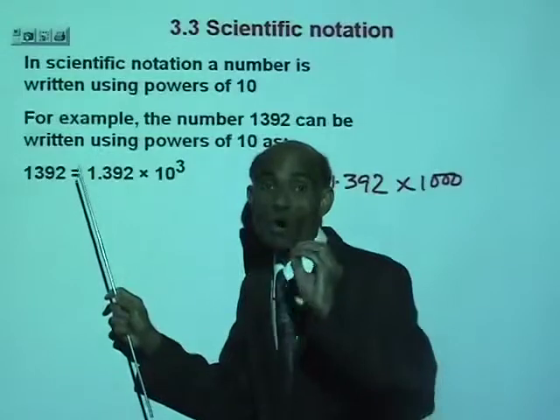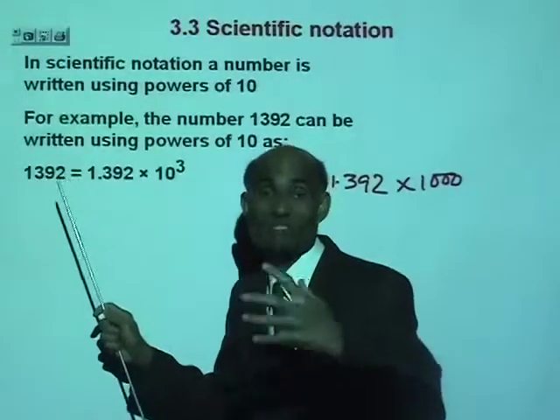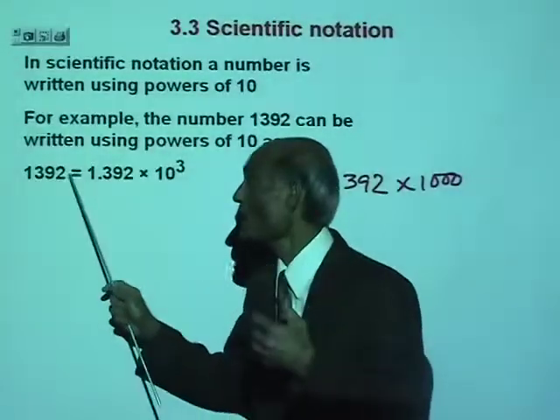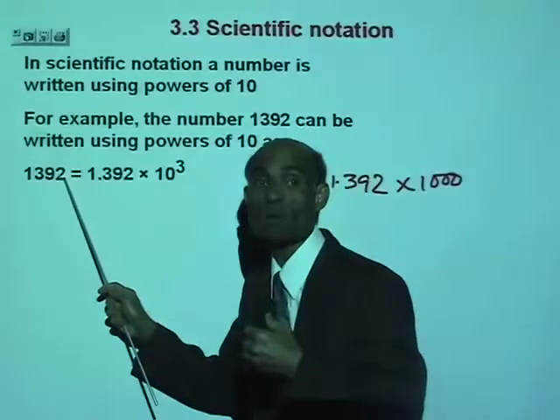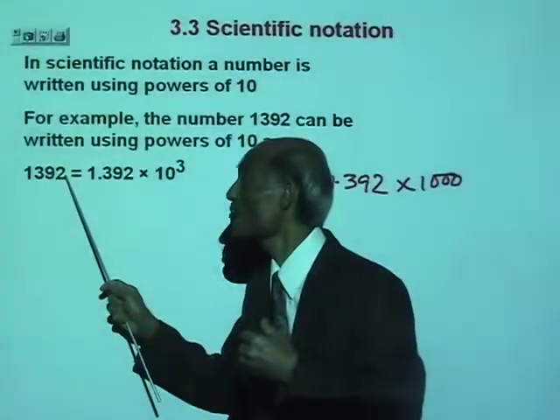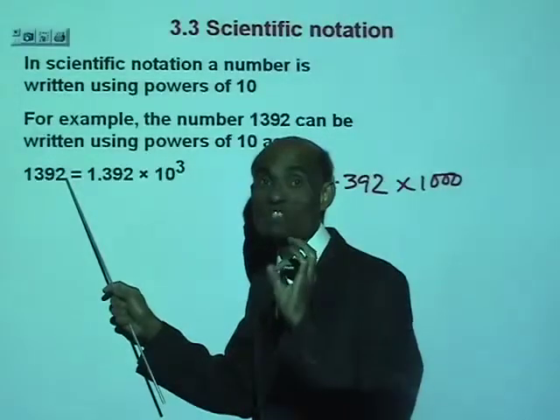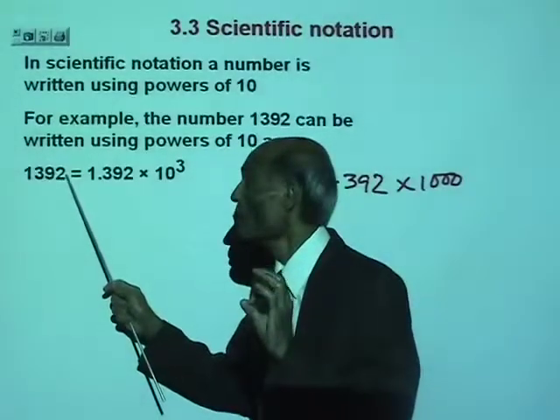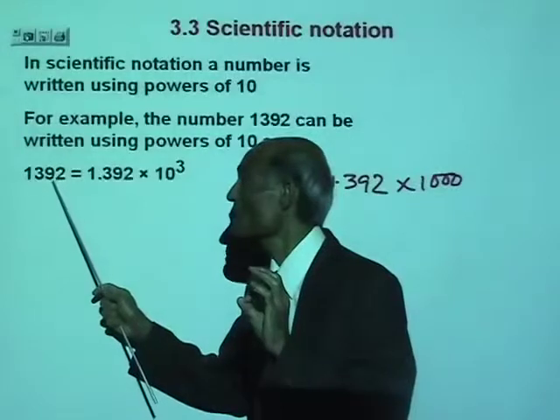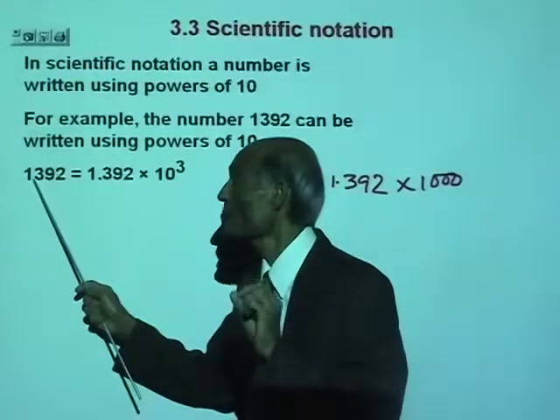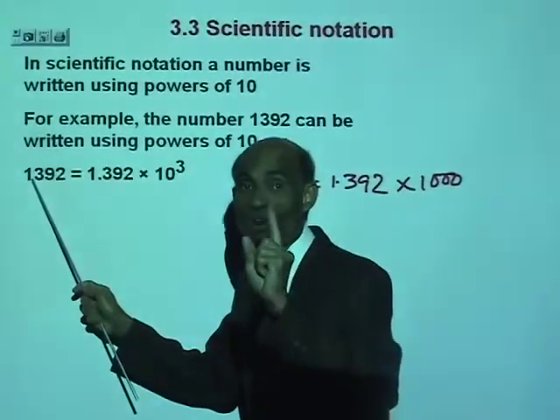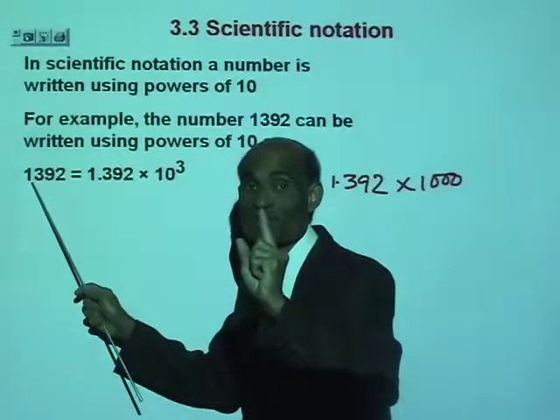Now, you should always think of a number as a decimal number. Now, where is the decimal on this number? It is to the right of 2. Now, to write this number as a scientific number, move that decimal to the left until you come to the right of the first digit.